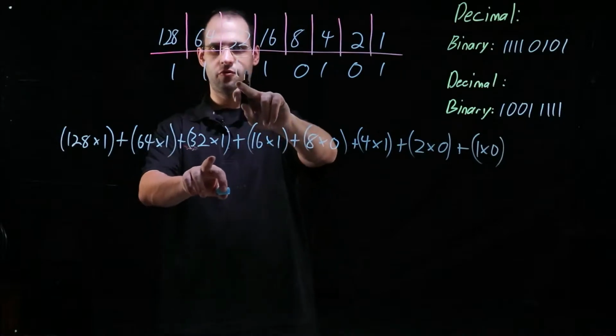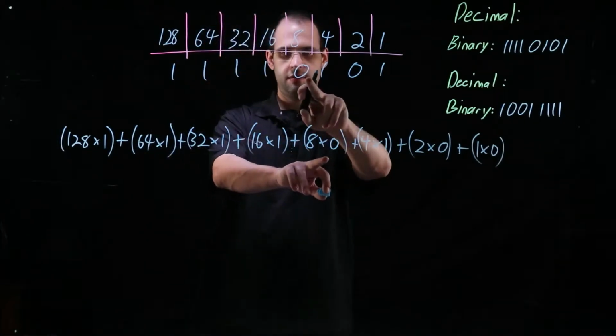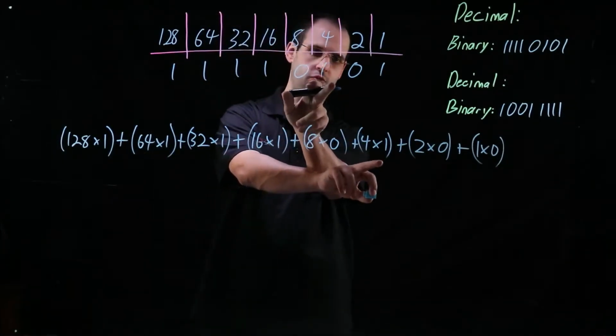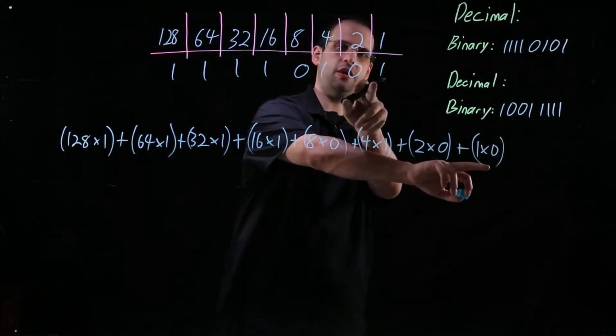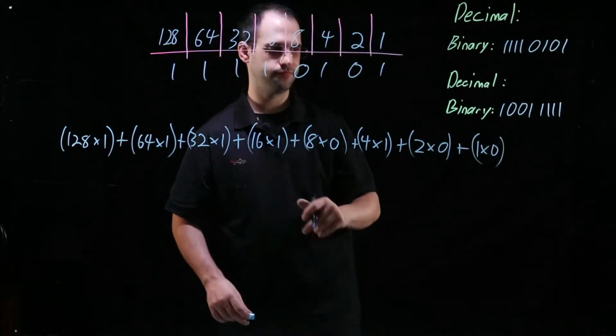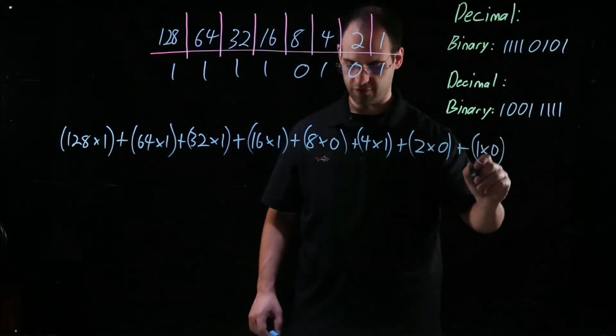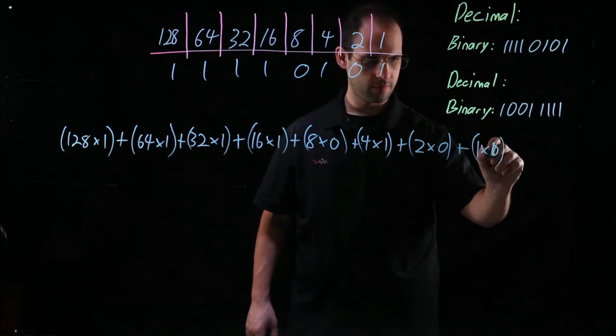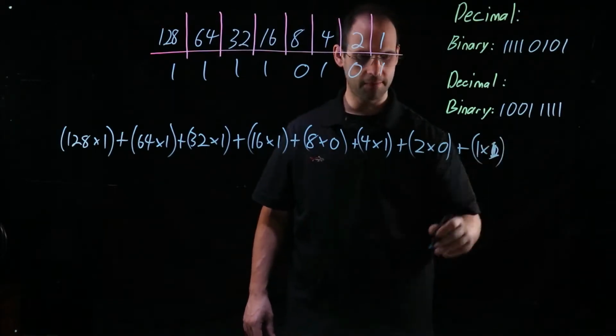128, 64, 32, 16, 0 on the 8, 1 on the 4, 0 on the 2, and then, oops, that's a 1. My bad.